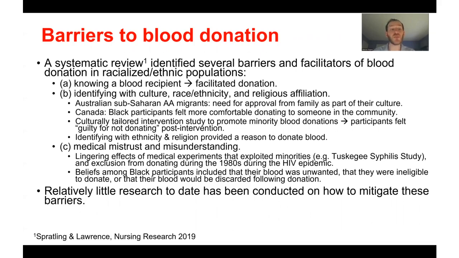In particular, they give examples where there was a study of Australian sub-Saharan African migrants, and they needed to obtain family approval as part of their culture. In Canada, Black participants felt more comfortable donating to someone in their community or in honor of their community. There was a culturally tailored intervention that the authors found promoting minority blood donations, where participants felt guilty for not donating after the intervention, and identifying with ethnicity and religion provided reasons to donate blood.